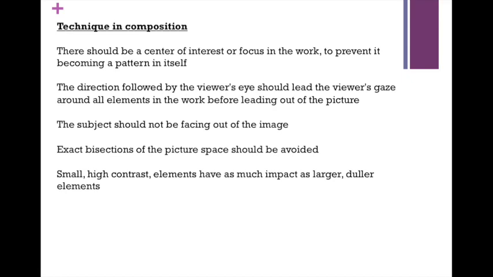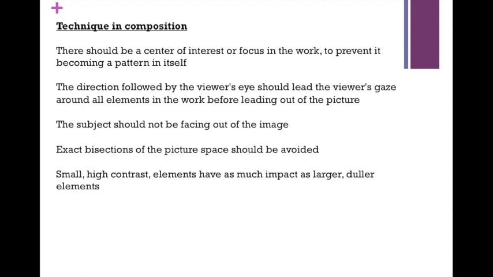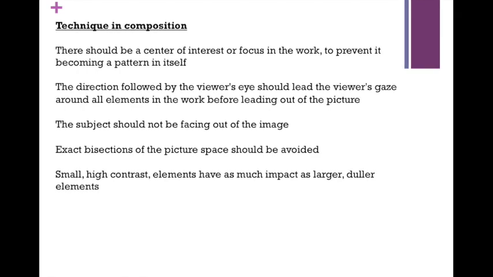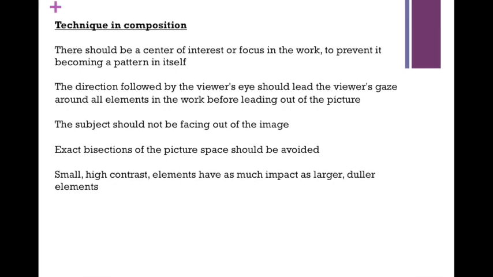So the next is technique in composition. How we create the composition is directional, followed by the viewer's eye. Viewer's eye means the audience's perspective. They view the design and then they describe it from their own ideation.